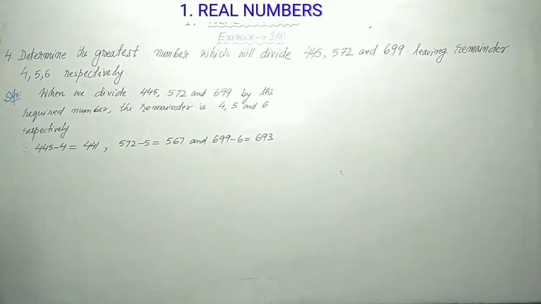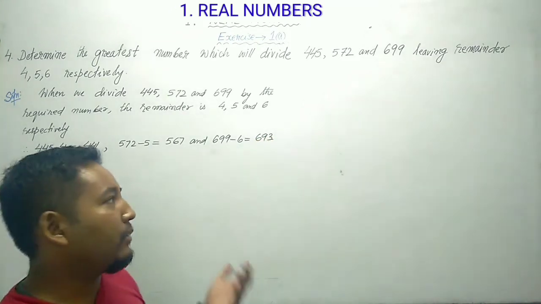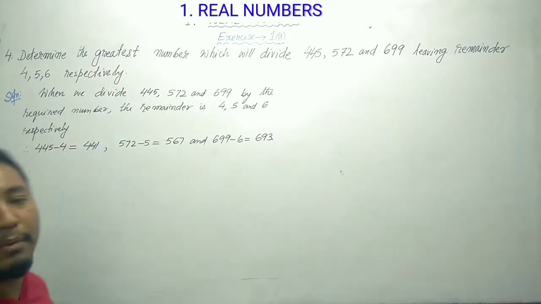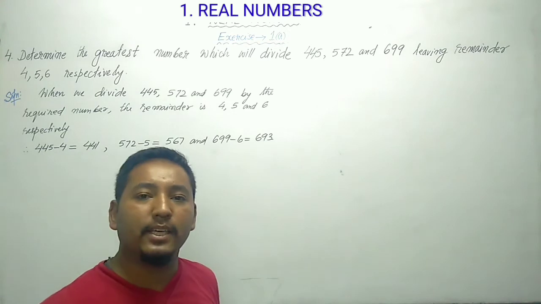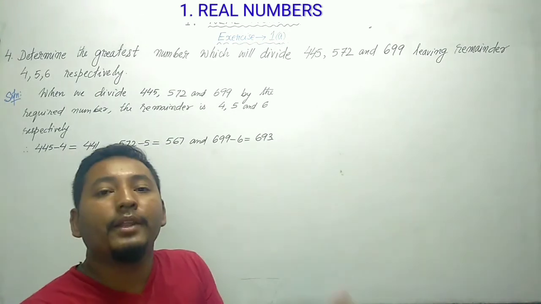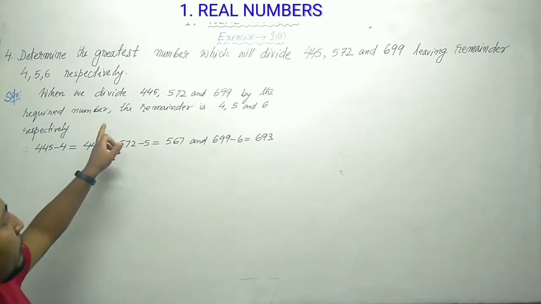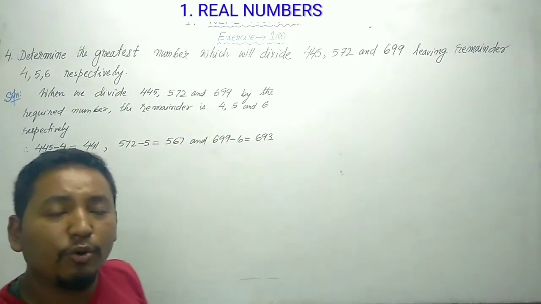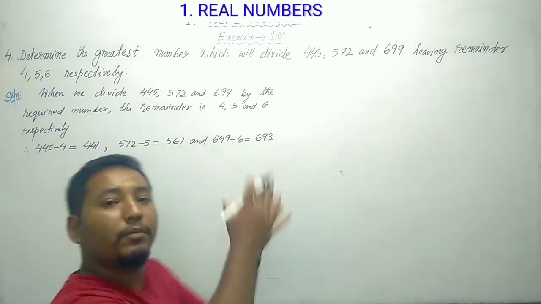Now why do we subtract? I have already explained in the previous question. We subtract because the question says greatest number, and here greatest number means HCF, and when you find the HCF, the remainder has to be 0. Now how to make the remainder 0? Where the remainder is already 4, 5 and 6, in order to make the remainder 0, you subtract the remainder from the number.